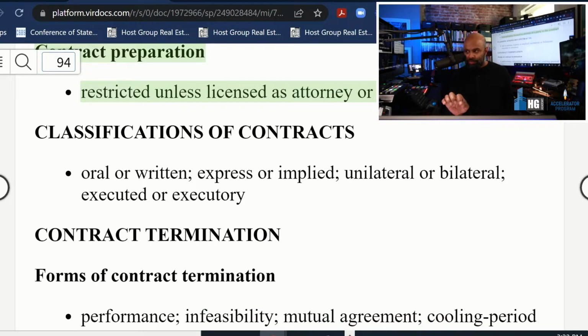Regarding classification of contracts, we learned about oral or written, express versus implied, unilateral, one promise, versus bilateral, two promises, executed, fully performed, versus executory, lacking full performance. Okay, that's classifications of different contracts.